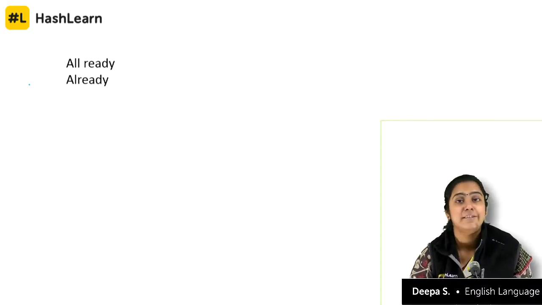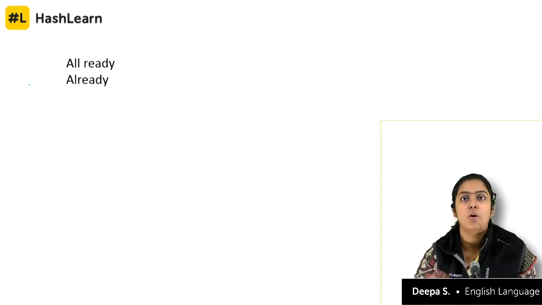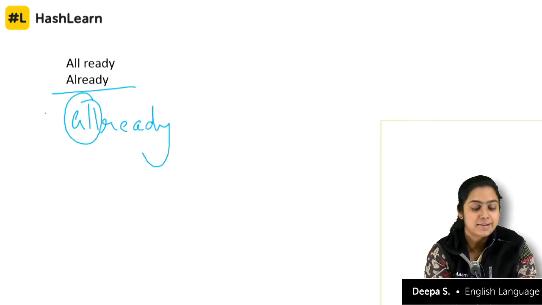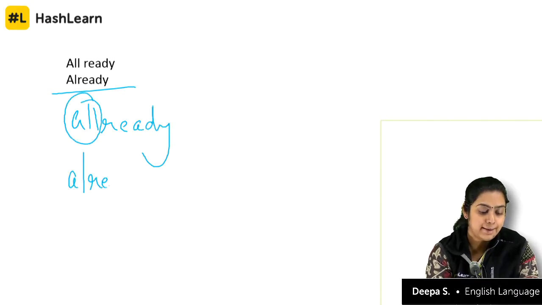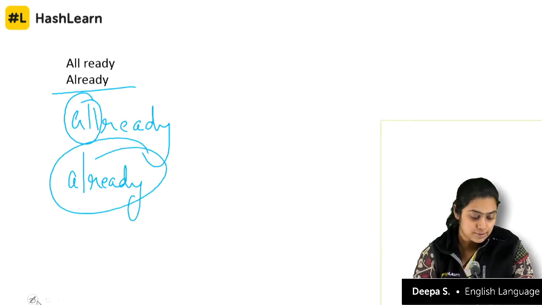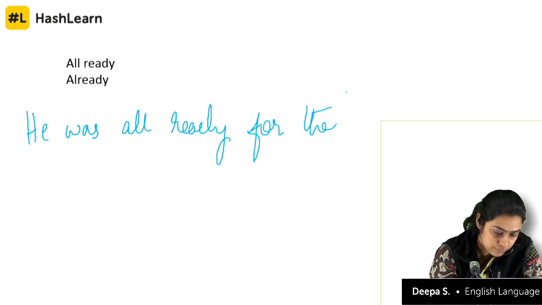Next, the difference between all ready and already. Now remember that this is not already with a double L. It is a single L ready. Okay. What is the difference? He was all ready for the vacation.